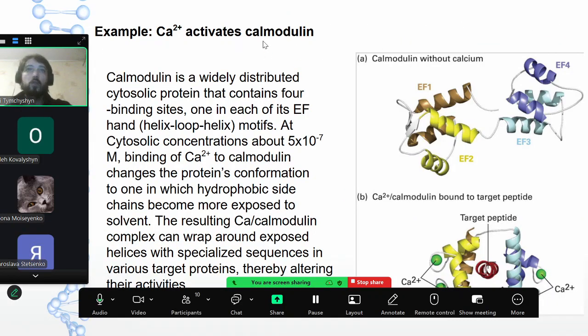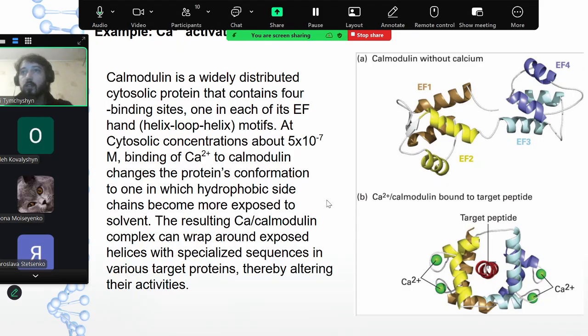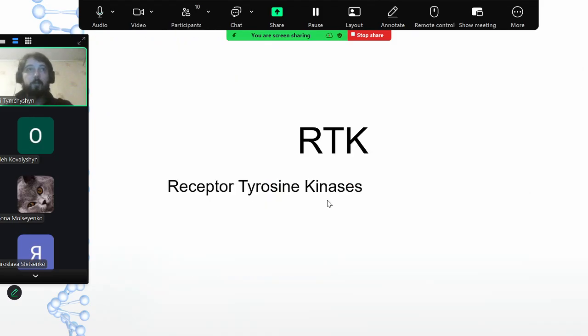Here is calmodulin. You will often meet that, so I guess it is just an example. It is a widely distributed cytosolic protein, and here is its 3D structure. Okay. I guess we are short on time, so I'll try to go a little bit quicker.